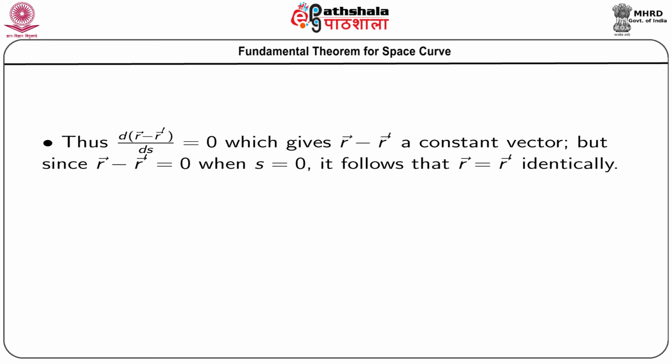So, this proves the uniqueness of the space curve. That means we are positioned to say that if kappa(s) and tau(s) are two continuous functions of the arc length s, then we can determine a space curve r which is unique.